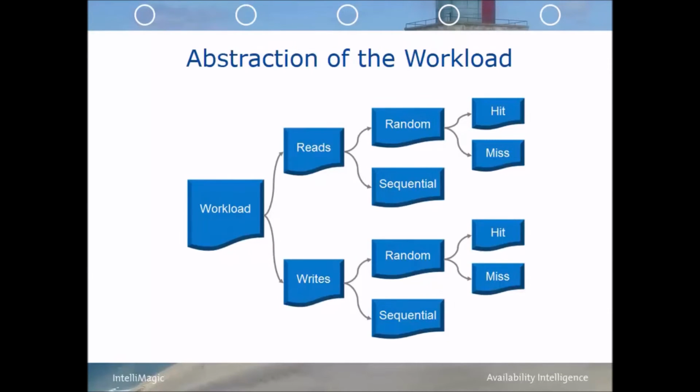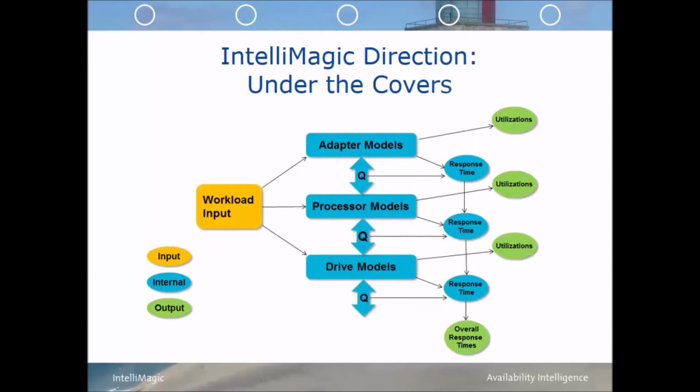IntelliMagic Direction, under the covers, is a series of queues and workload input. There are several sections in this diagram. The yellow section represents workload input. The blue sections are the internal components, and the green represents the outputs.